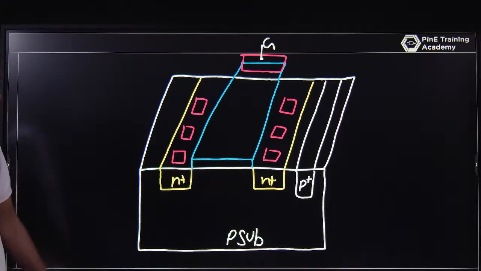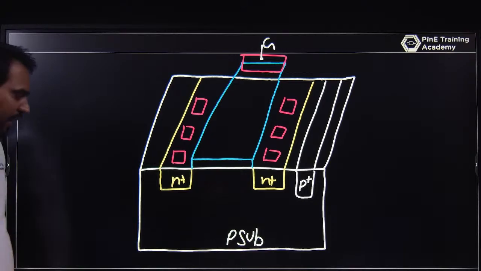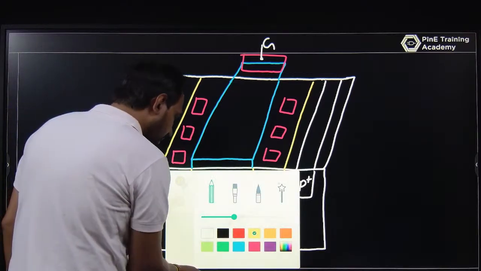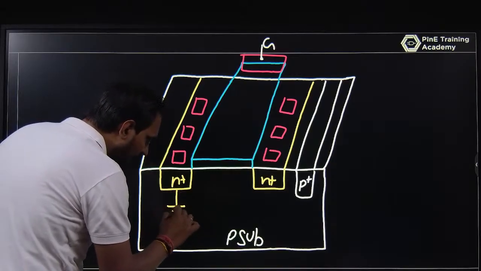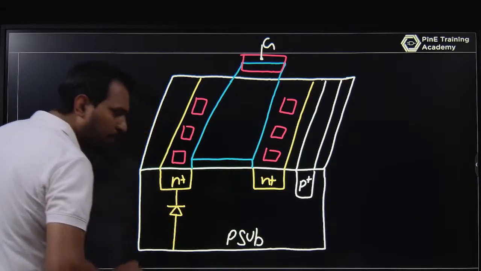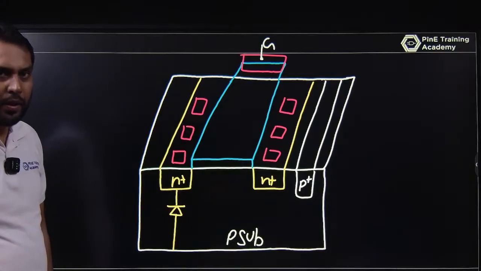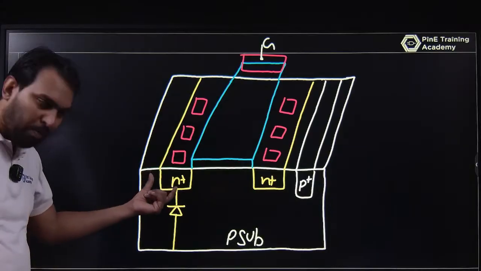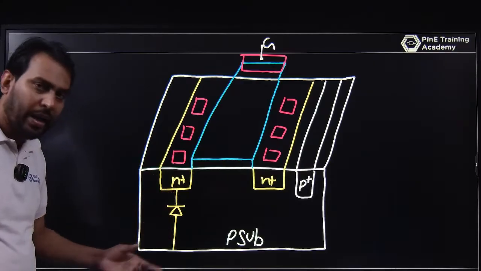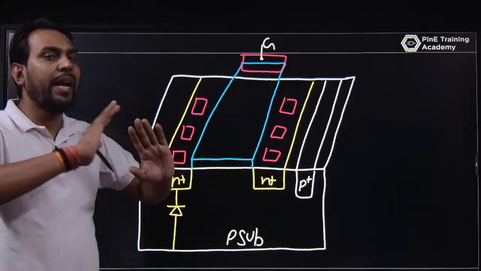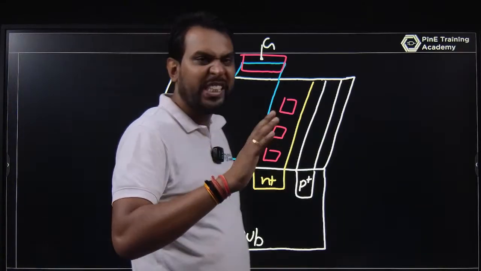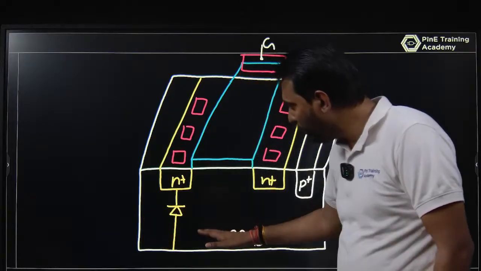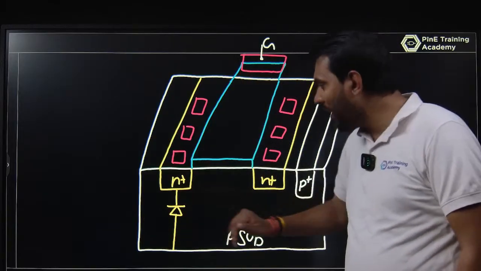If you look at this circuit in a 3D view, you can think that this N plus forms a diode with the P substrate. Whenever you have a P and N, a diode is present. Whenever you have a P and P, a BJT will form. Here you have a P and an N, so the diode is present.